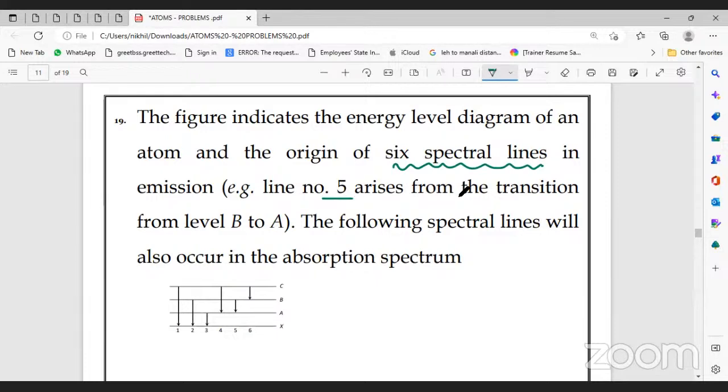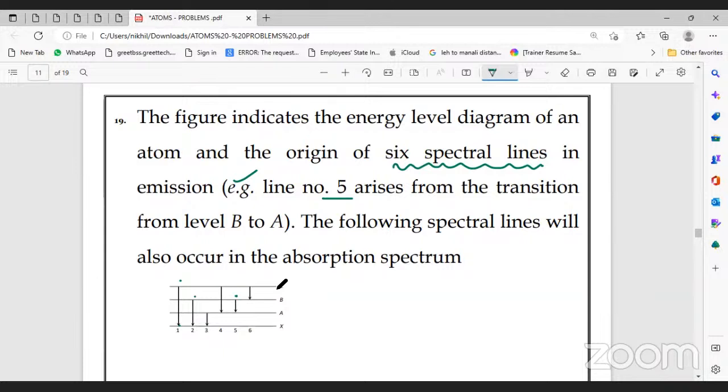Line number 5 arises from the transition from B to A. Similarly, line number 1 is taking a transition from C to X. Second line is taking a transition from B to X. Third line is taking a transition from A to X, and so on.